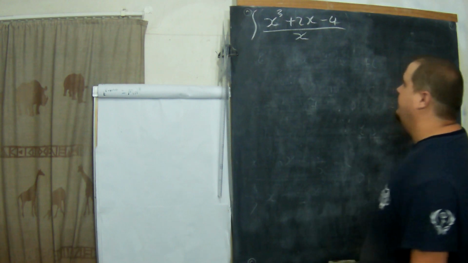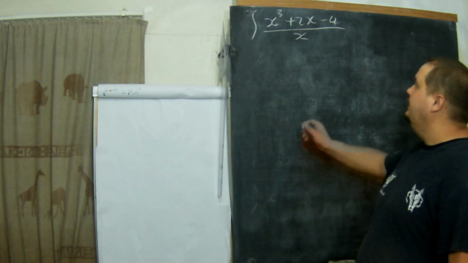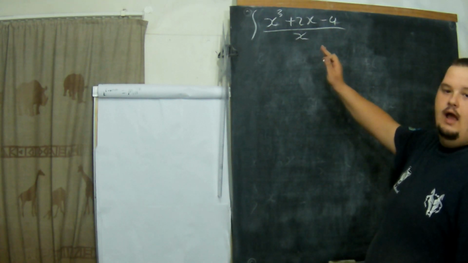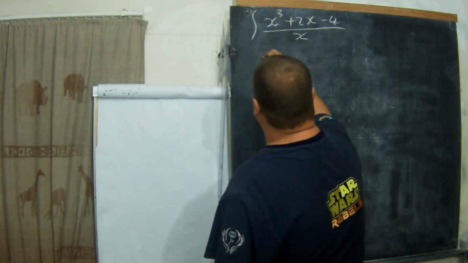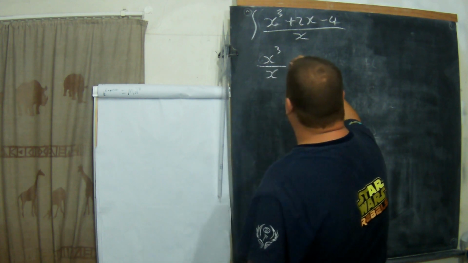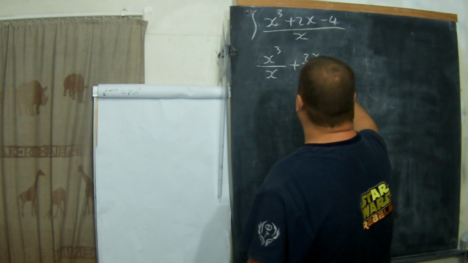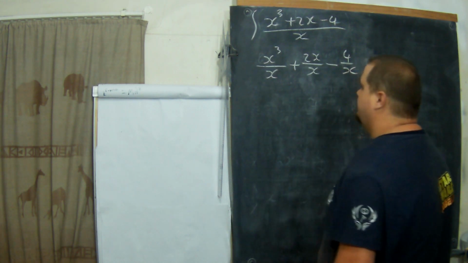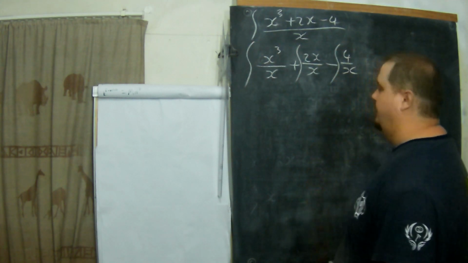Now we're going to integrate this sum here. How we integrate this is we put everything underneath the same base. So x cubed over x plus 2x over x minus 4 over x, and integrate.